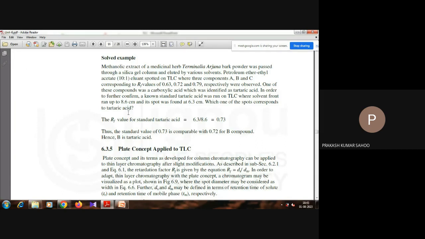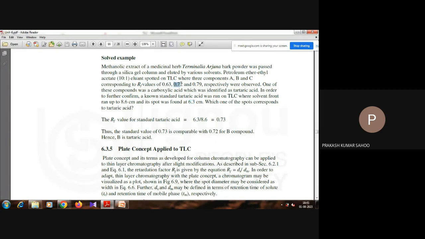In order to further confirm, a known standard tartaric acid was run on TLC, where the solvent front went up to 8.6 and the spot was at 6.3. That means the solute distance divided by the solvent front is 6.3 divided by 8.6, which is 0.73. That is very close to the tartaric acid RF value, 0.72, which is already given.